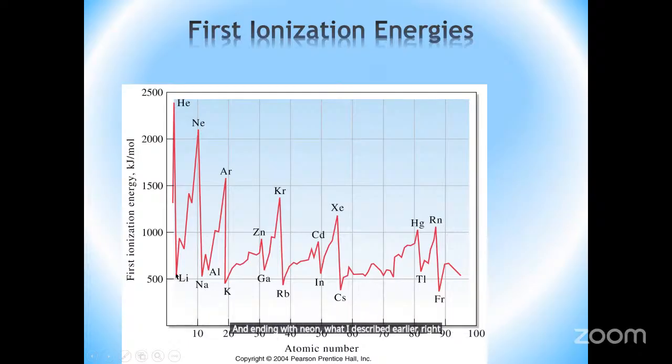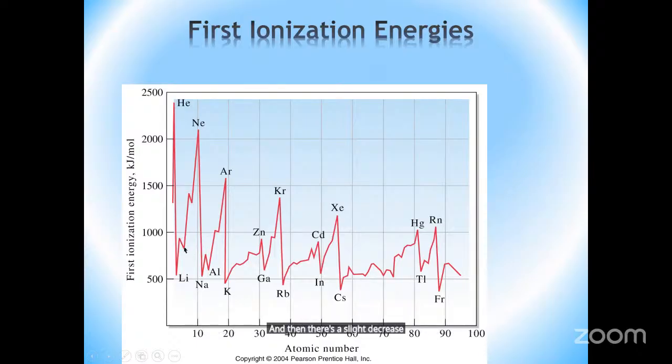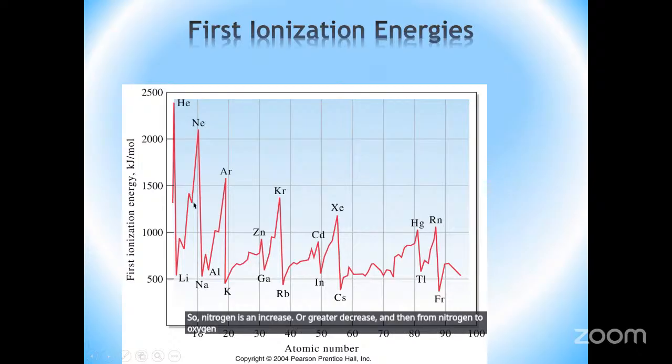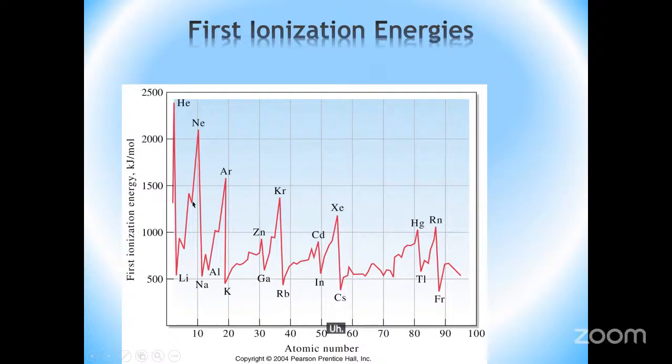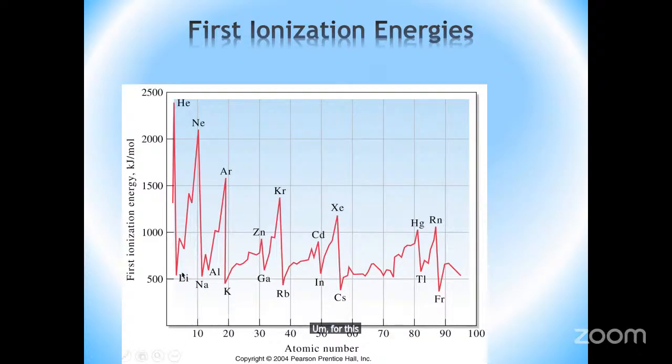So as I said before, going from lithium until you get to beryllium, you see that there's an increase in the first ionization energy, and then there's a slight decrease from beryllium to boron, and then as you go from boron to nitrogen, there's a gradual increase, and then from nitrogen to oxygen, there's a small dip in the first ionization energy, and then from oxygen to neon, there's an increase in the first ionization energy. So that's basically what's being shown for this part of the graph, going from lithium to neon.